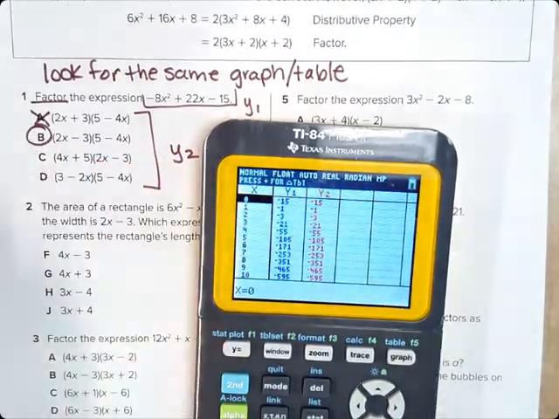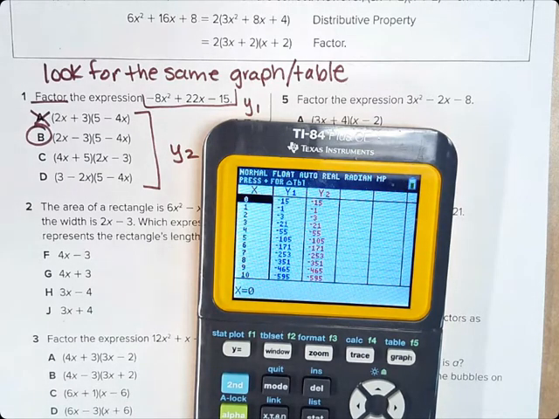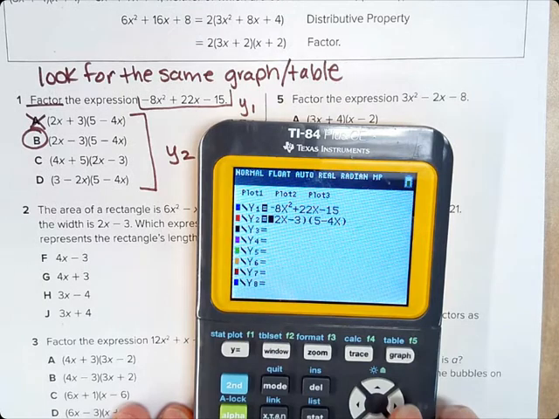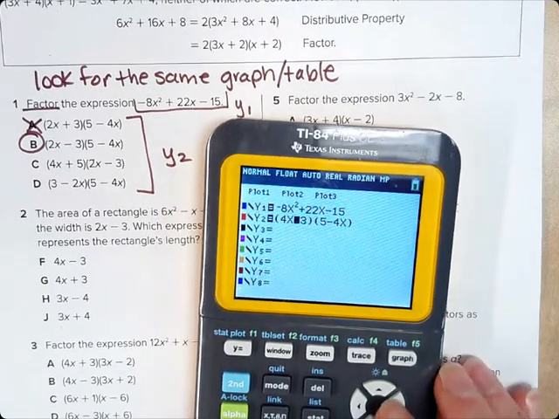Just to make sure, because I want to be 100% that this is the right answer, because I want to count this as one of my correct answers that I'm going to count toward that 27 to 30. So I'm going to go to y equals, and I'm going to double check everything. I'm going to do the next one.